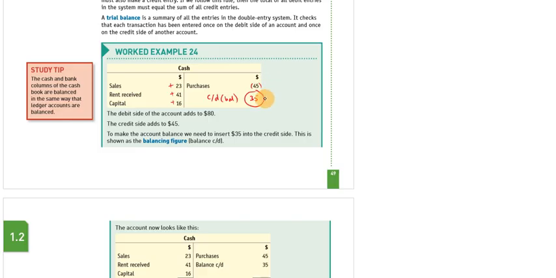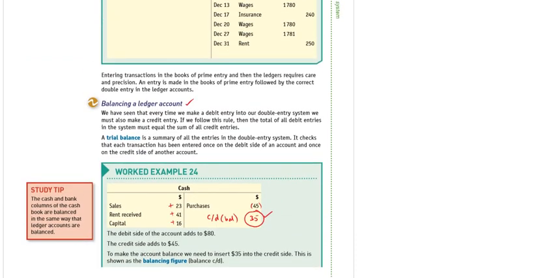So what's the question again? We want to find the balancing amount. So if we add the debit side and subtract the credit side, 35 will be the balancing amount. Yeah, so this balancing 35. Okay, so this is correct. So this balancing 35 will be called balancing a ledger account.